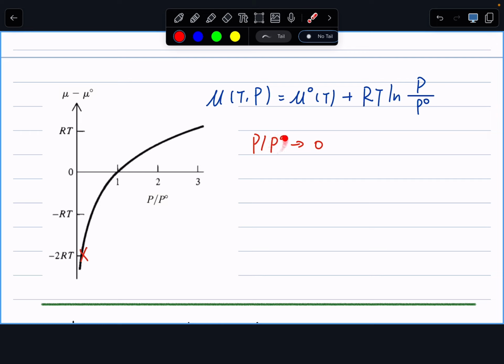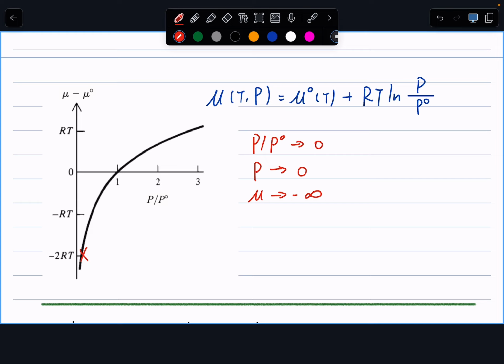Put another way, my standard pressure is just 1 bar, so this ratio approaching 0 tells me the pressure of the system is approaching 0. And here, as my pressure approaches 0, my chemical potential approaches negative infinity.